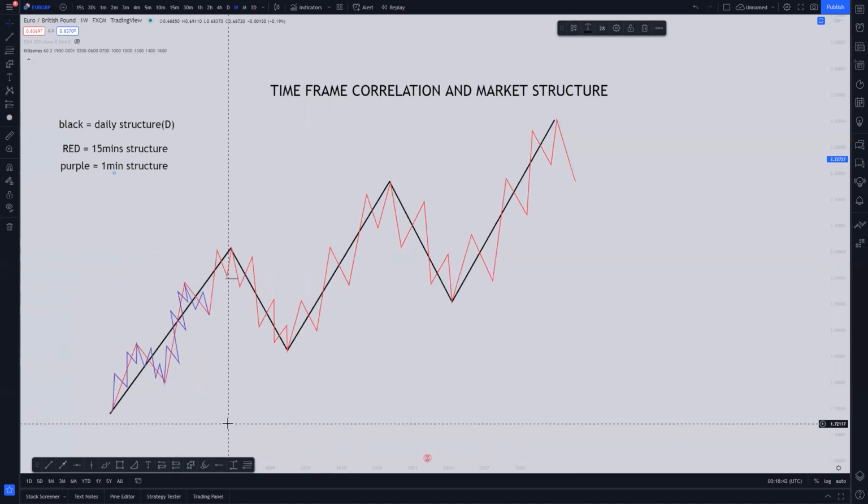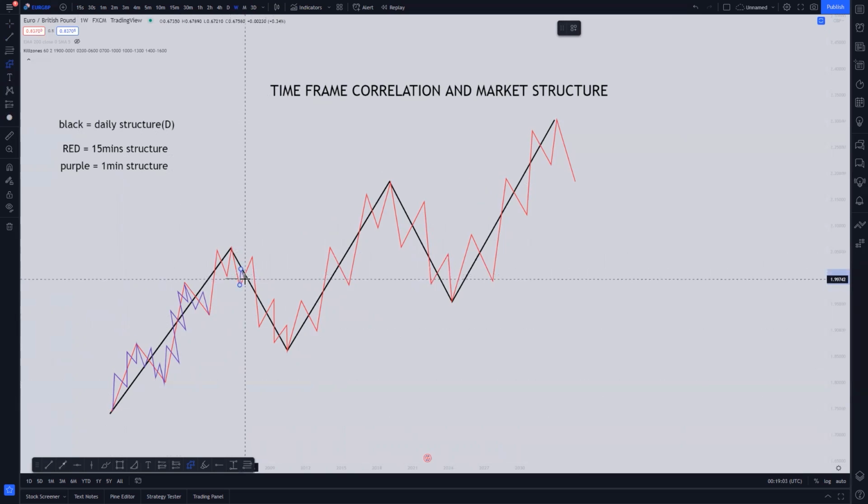Let me extend this purple structure. Let's say we want to take a sell for this area right here. So let's say maybe our 1 minute is now an uptrend. Of course, we have seen that 15 minutes has broken structure here, and we now have the 1 minute in an uptrend within this 15 minutes retracement.